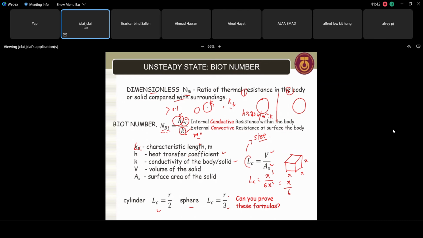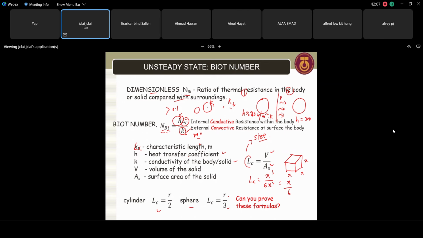Then compare to situation number 2, whereby you install a fan. So H is increased, well, it depends on the velocity of the airflow. Let's say it increases to 200.